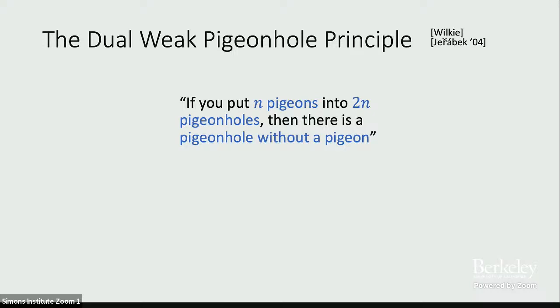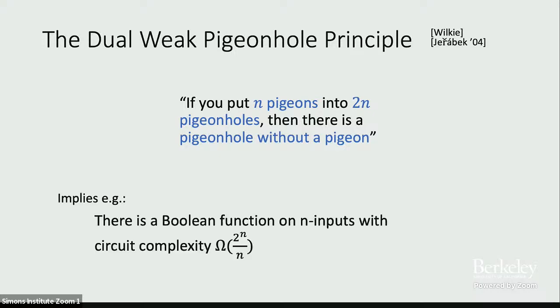You want some gap, but let's just deal with the case where there's a factor of 2. This simple result is very nice for us complexity theorists because it implies various things. For example, the fact that there is a Boolean function on n inputs with high circuit complexity follows from this dual weak pigeonhole principle.